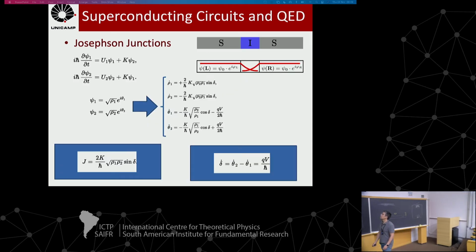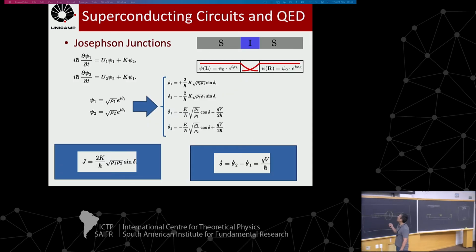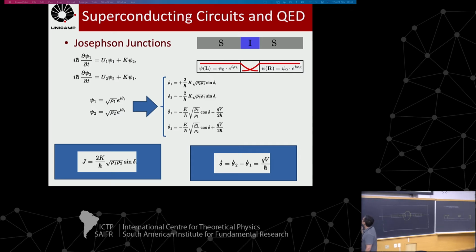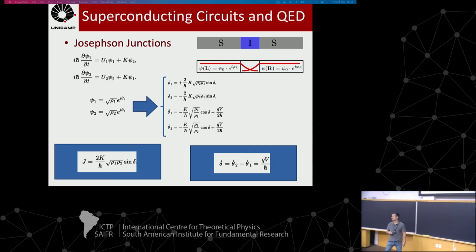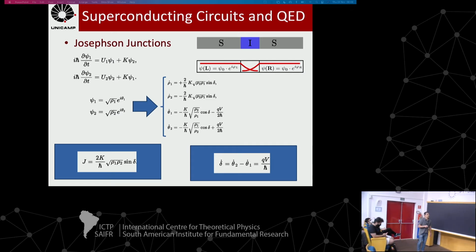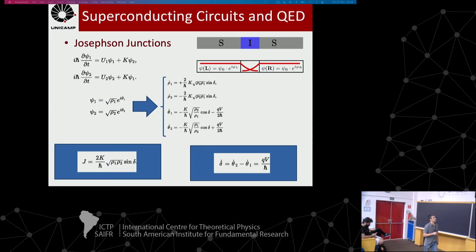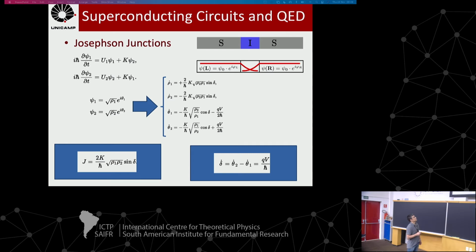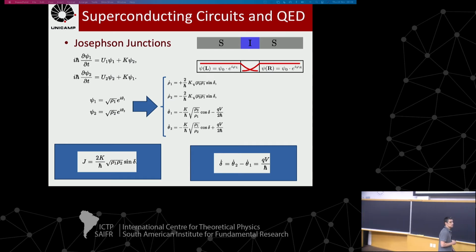Okay, so you need to understand a little bit about our junction now. And as Celso told me, you need to do some exercises so you can solve the Josephson junction and arrive at the equations describing the behavior of the junction. This is one of the ways, and I think Feynman was the first one to do it this way.